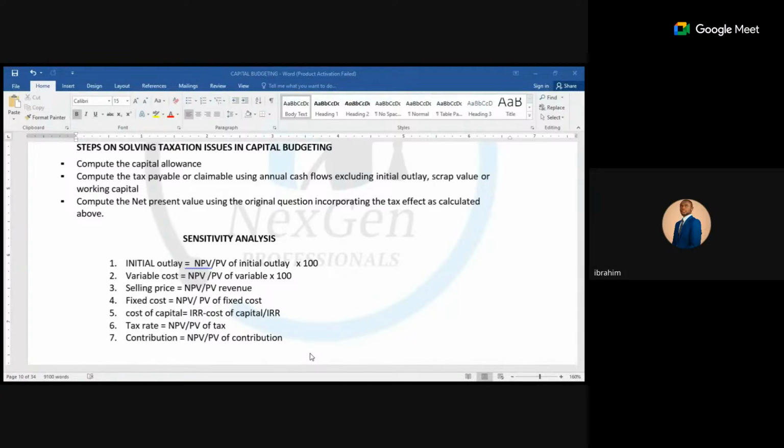Right? So when you see some people performing a sensitivity analysis on a project, it is no magic. They started the project from the NPV. They gave you the index or the inputs or the variables to be used.